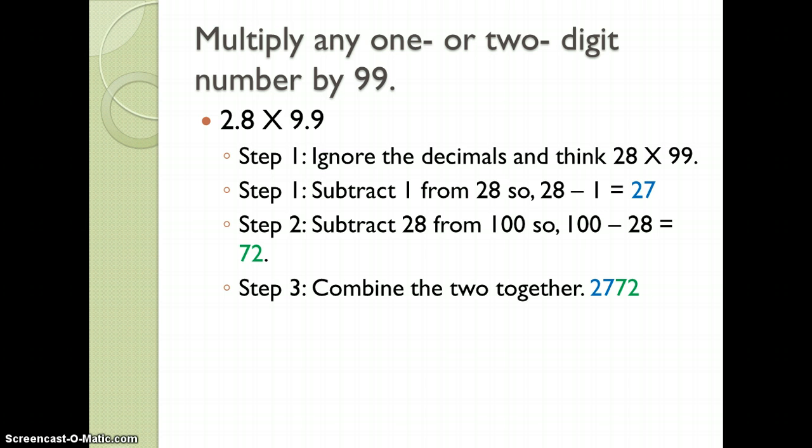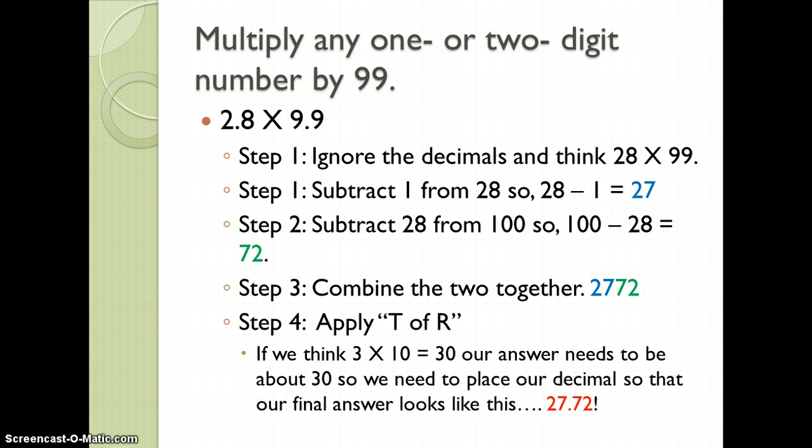We'll squash and combine the two together, 2,772. Now we need to apply the test of reasonableness. If we think 3 times 10, rounding, is 30, our answer needs to be about 30. And 2,772 is way bigger than 30, so we need to place our decimal so that our final answer looks like 27.72.